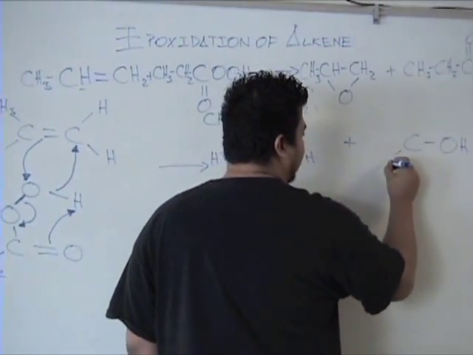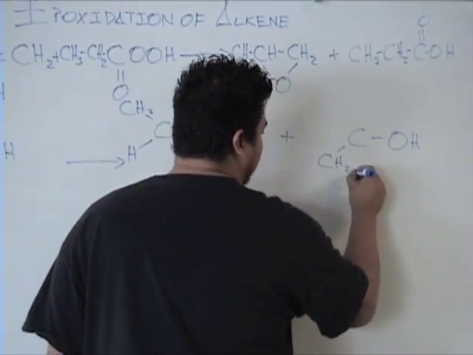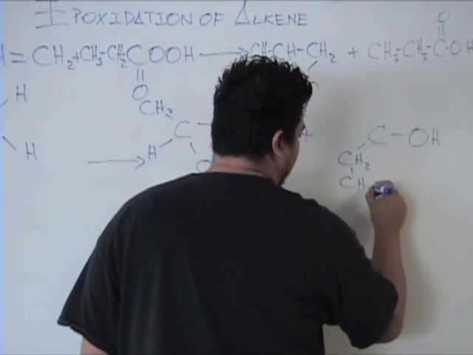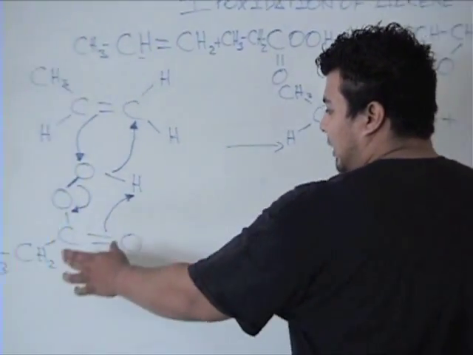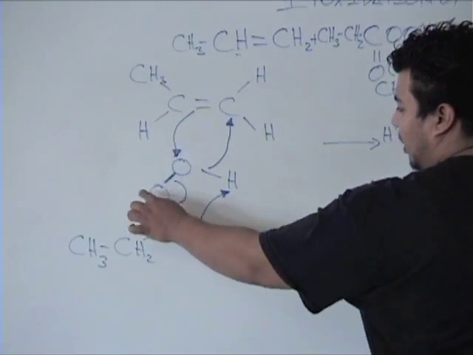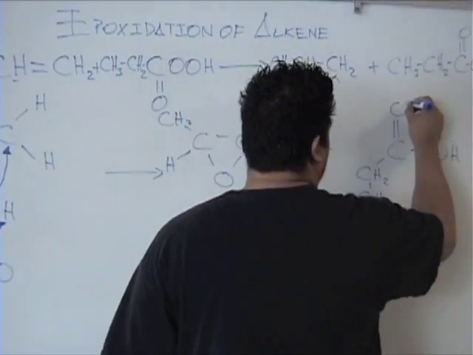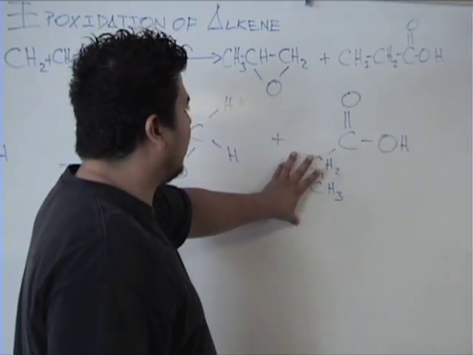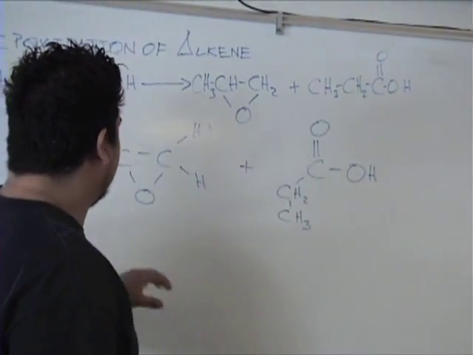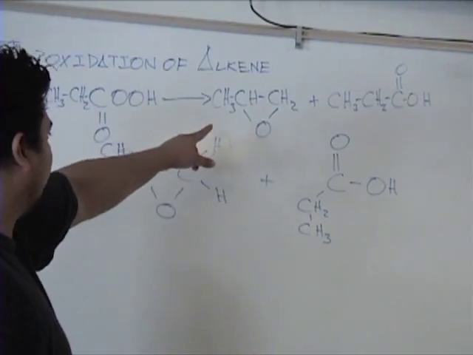I'm going to draw it, CH2, CH3. And then I know that this made a double bond with the oxygen. So I have a double bond oxygen. So this molecule is that one up there, and this molecule is that one up there.